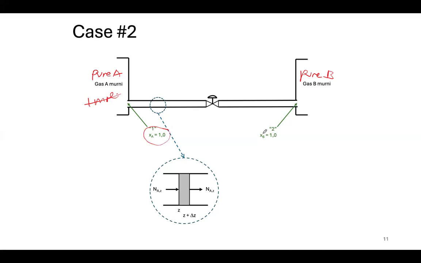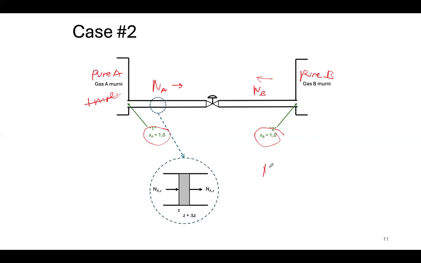So XA is 1 and XB also 1. And then you open the valve. What happens is A will go to that side, and B will go to that side. So what do you think the correlation between NA and NB?